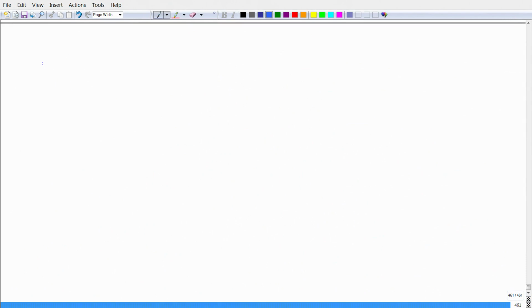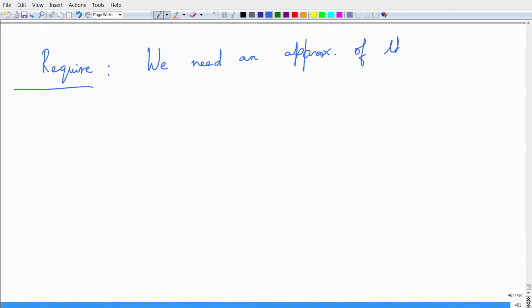So what we require is as follows. We need an approximation of the regularized solution.